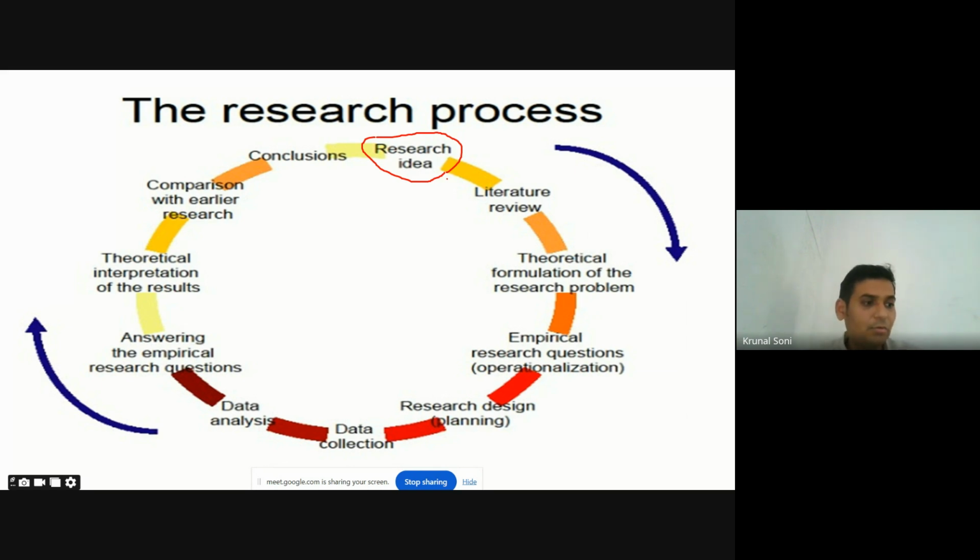This always comes from the researcher's perspective: what is the research topic, what is their idea of research in the segment where the researcher wants to do the research. And if we have a certain idea to proceed further, this idea will always be generated from the second process, that is called the systematic literature review.